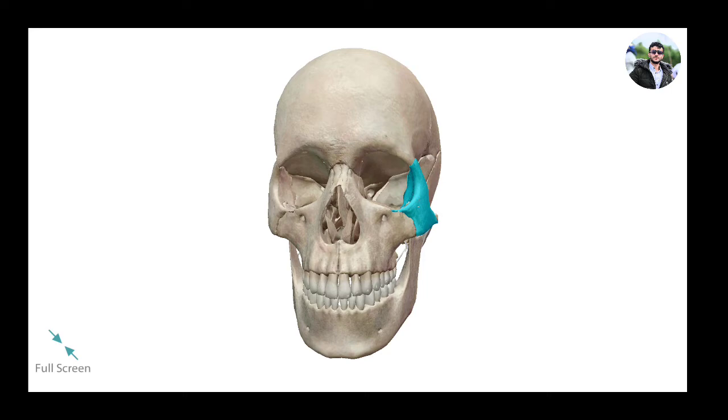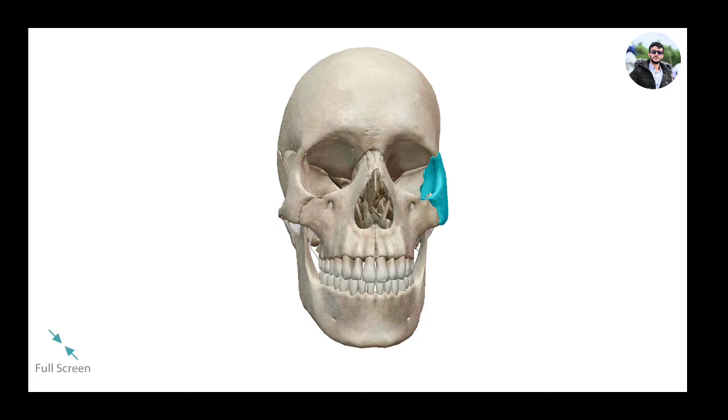of the eye opening. So these are called the zygomatic bones, and the zygomatic bone connects medially with another bone. There are 2 bones called the maxillary bones.